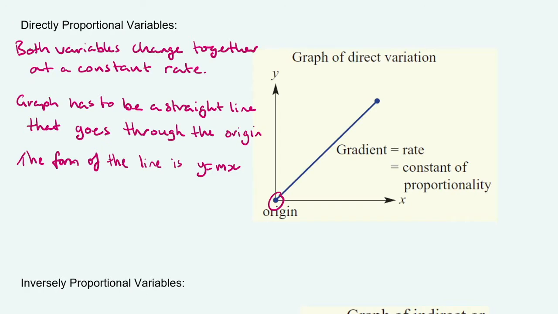But when we're talking about it in terms of proportionality, or for when we're talking about proportion, we have a slightly different way of looking at it. We use the letter K to actually represent that constant.